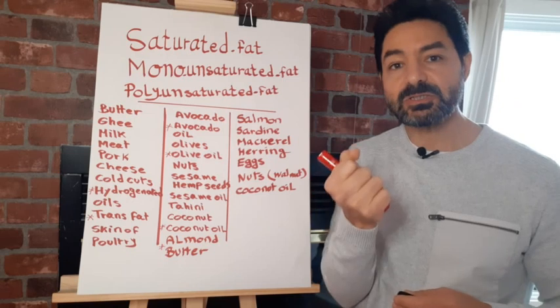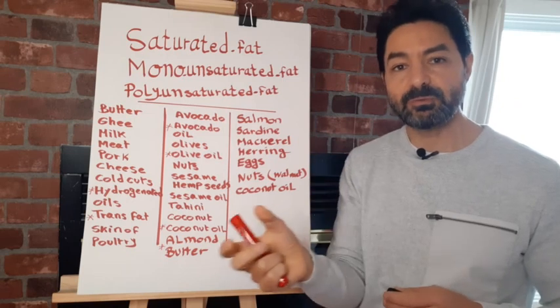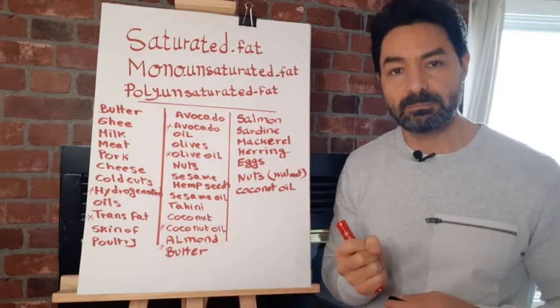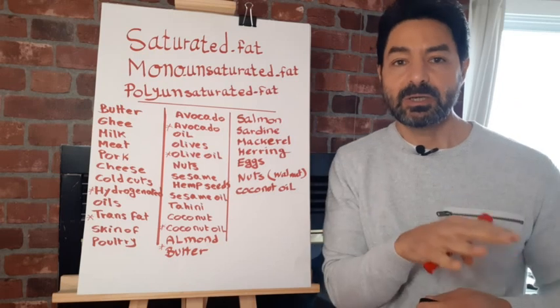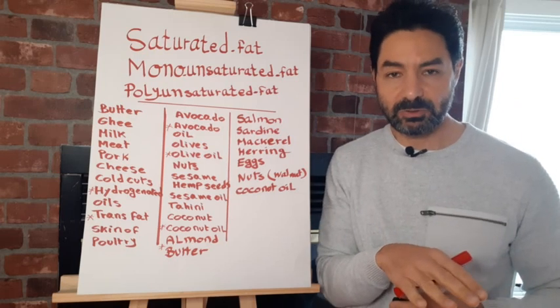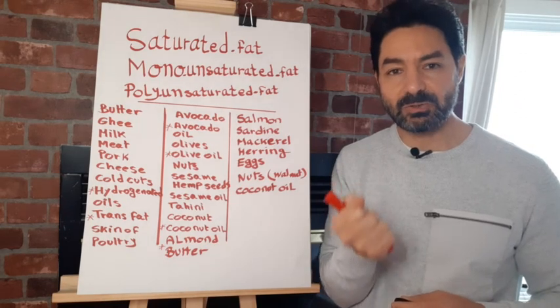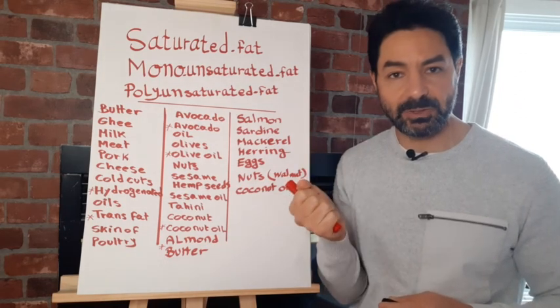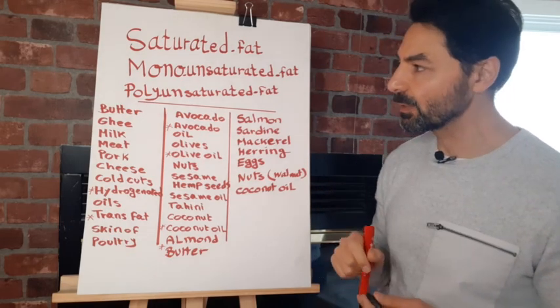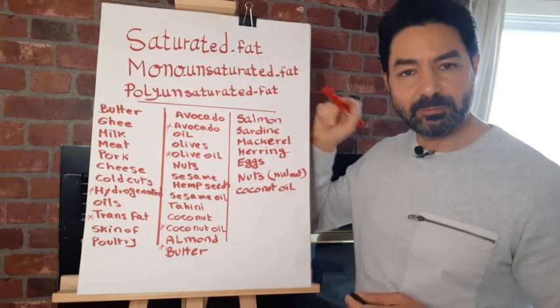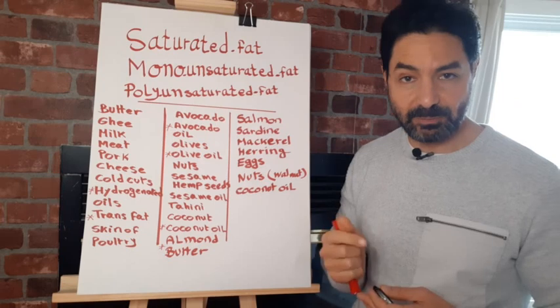Why? Because it's a solid form of fat. If you take some butter from your fridge and keep it on the counter at room temperature, it doesn't melt. It will remain in the solid form because it's saturated. Unsaturated means liquid, like olive oil, for example.